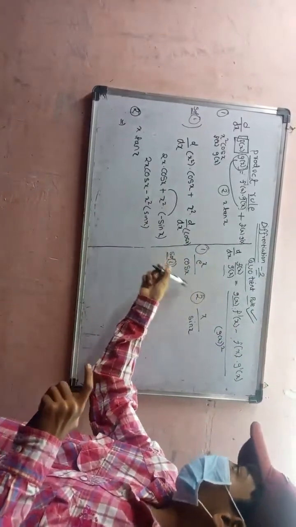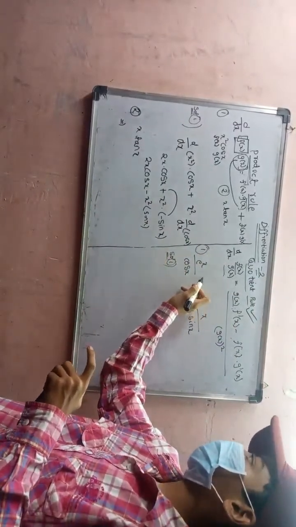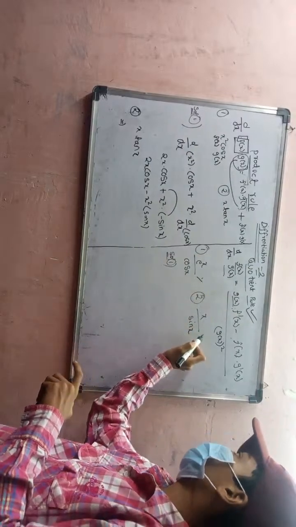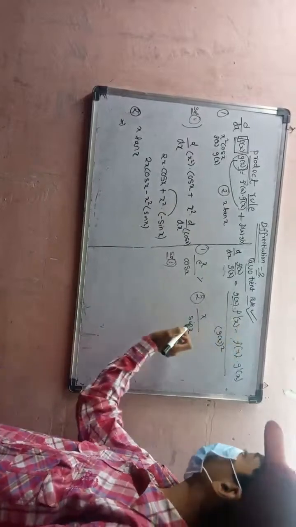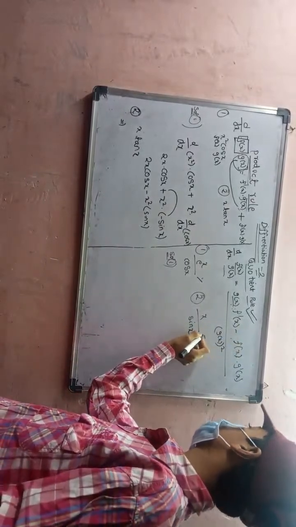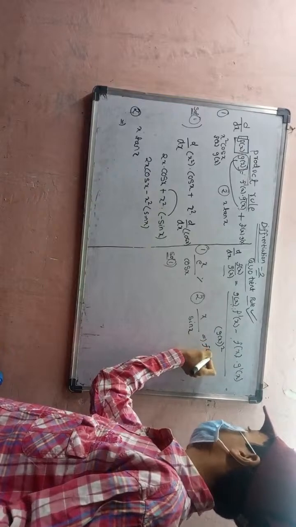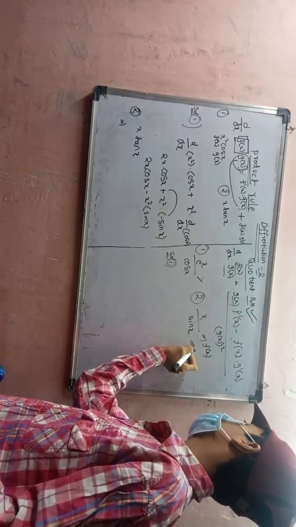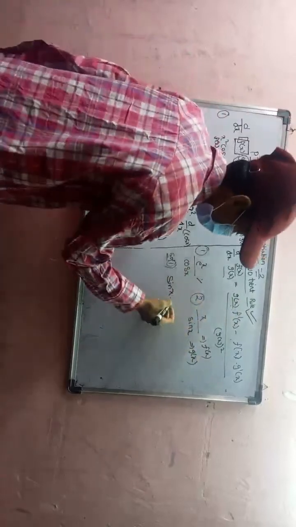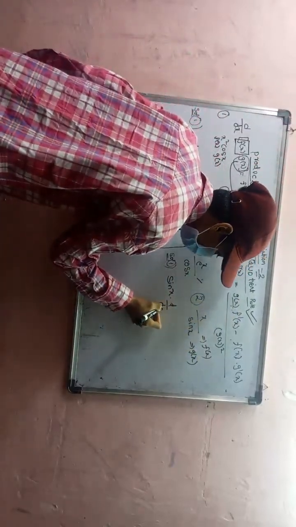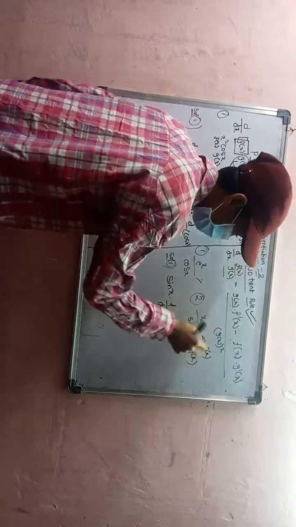First we will do x by sin x. Listen carefully. This is your f of x, and sin x is g of x. So write sin x into f dash of x, so dy dx of x, into f of x. What is f of x? Sin x.